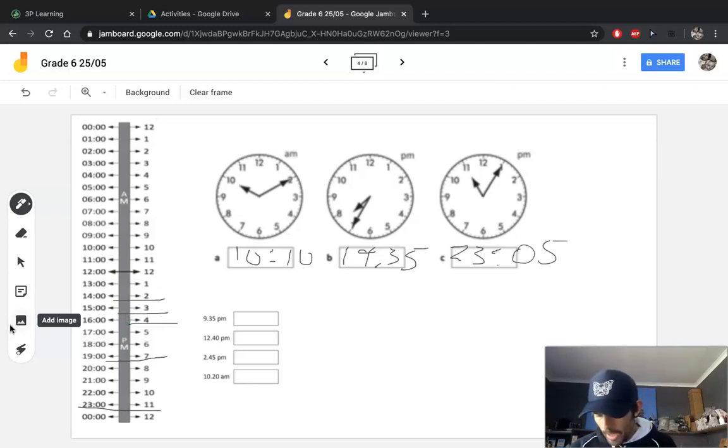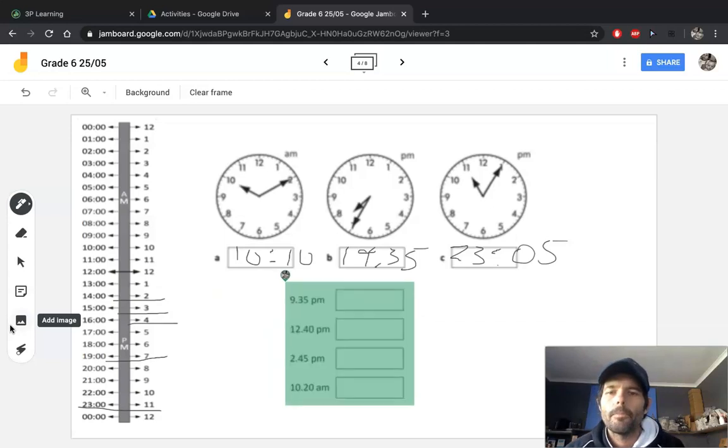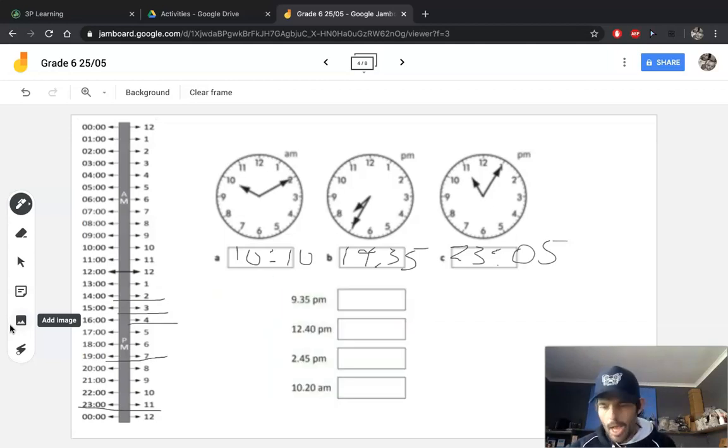There's a table below. Okay, this one here. Let me enlarge it a little bit. Okay. And there, you can see 9 is 21. Okay, so that's going to be 21:35, which is 25 to 10, 25 minutes until the next hour, which is 10 o'clock.